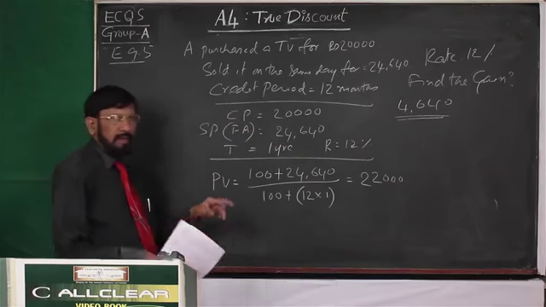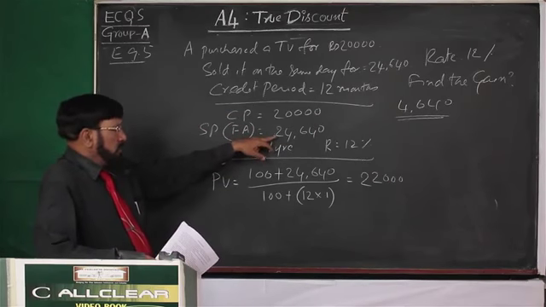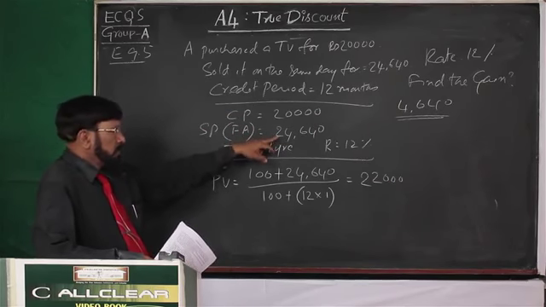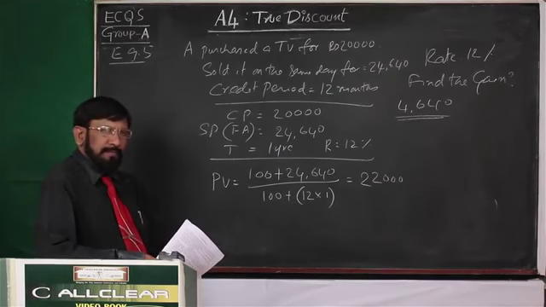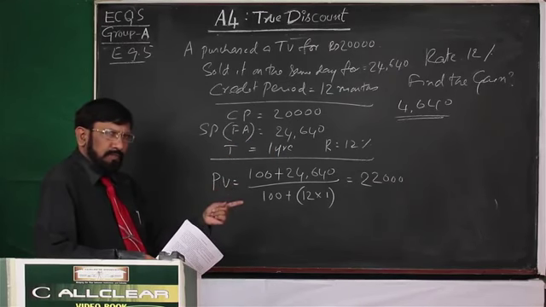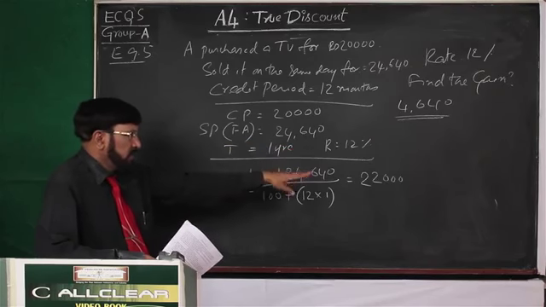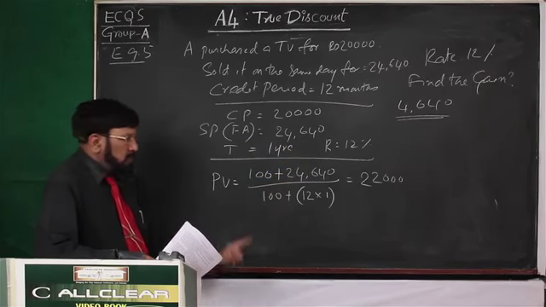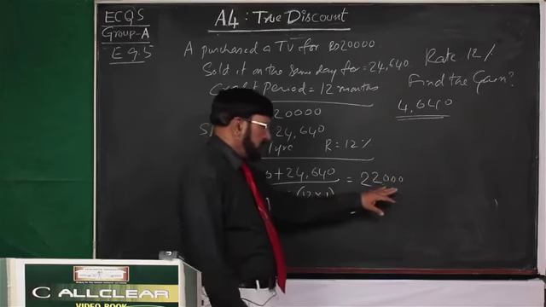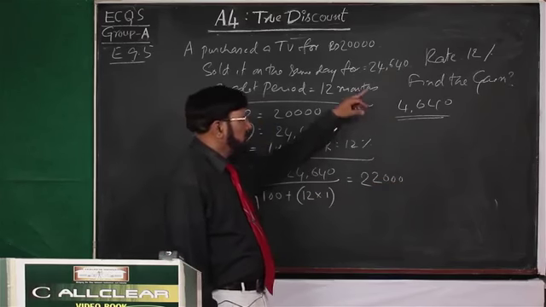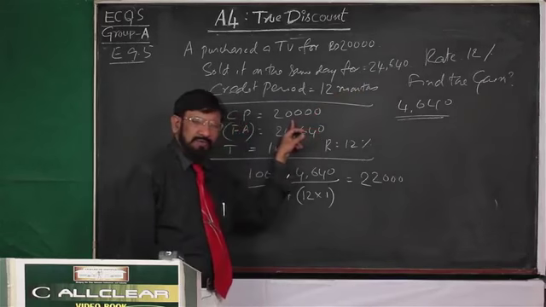So the present value of 24,640, which is due after 1 year at the rate of 12%, is 22,000. So present value is 22,000, present investment is 20,000.